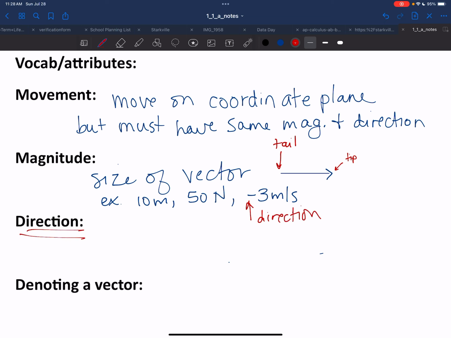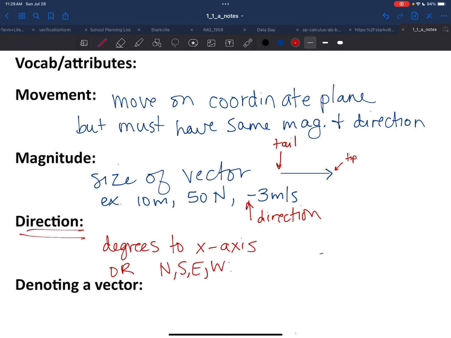So let's look at what we mean by direction. Typically, this is done in degrees to the x-axis, the positive x-axis, or we can use north, south, east, and west as a designation.